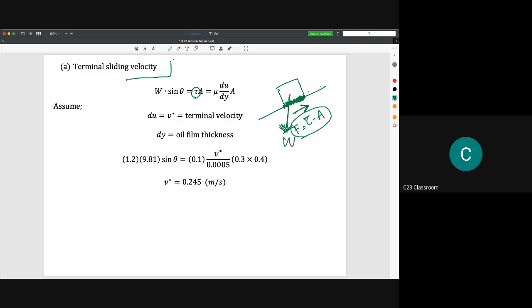Because the shear stress occurs in this direction and this weight can be divided into this direction, we say that this is W sine theta.